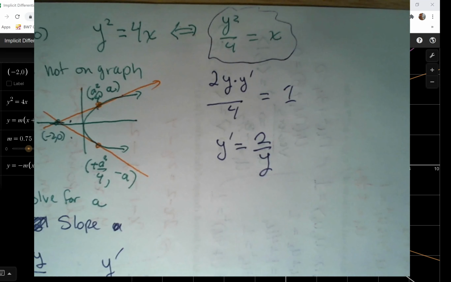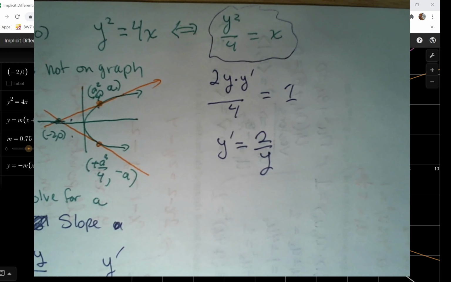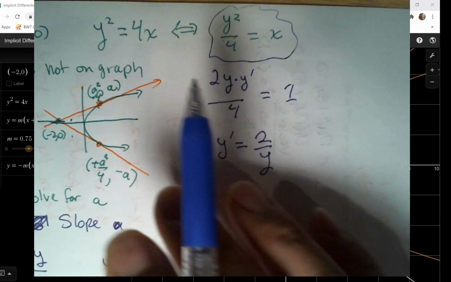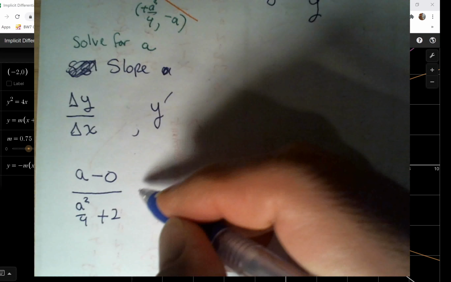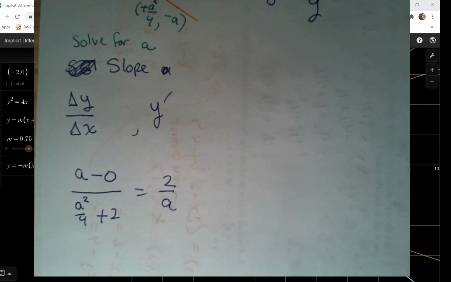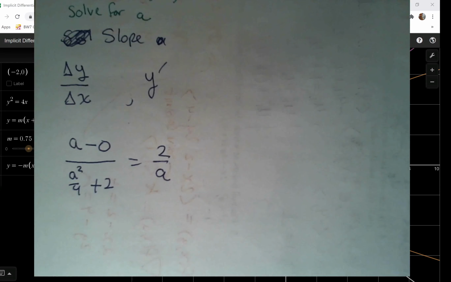And that's what's going to go on my right side of the equation. But again, what is y? y is going to be the value of a. So we get 2 over a. Okay, and now I have an equation in the variable a. So it looks like it's a quadratic. So now I just have to solve this equation.